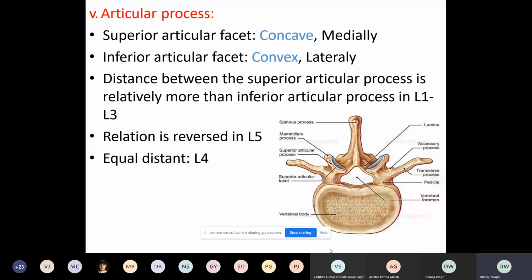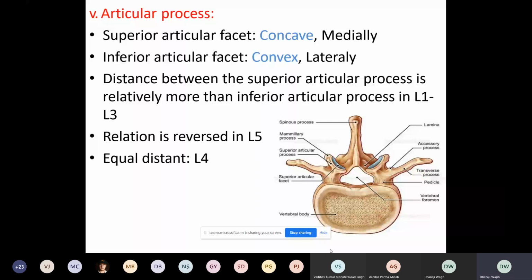So this is a viva question you have to remember regarding the lumbar vertebrae. Regarding its articular processes, there are 2, the superior and the inferior. The superior articular facet is concave and directed medially; the inferior articular facet is convex and directed laterally.